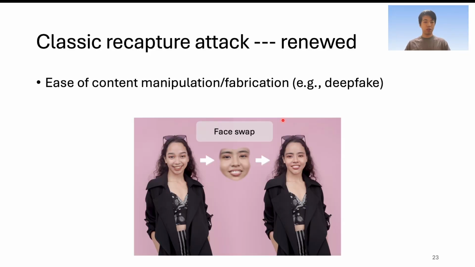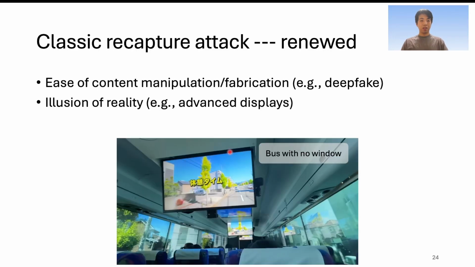Recapture attack is not really new, but it is getting renewed. First, it is easier to do content manipulation and fabrication thanks to deepfake, where we can do face swap. Second, it is simpler to create illusion of reality, which is true with the advancements of displays, such as this bus, where it has no windows, where all those windows, or those that look like windows, are actually just displays.